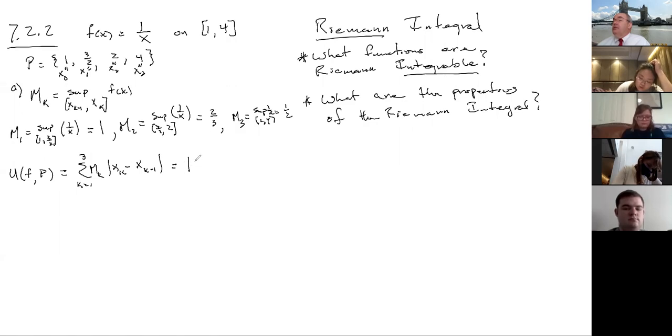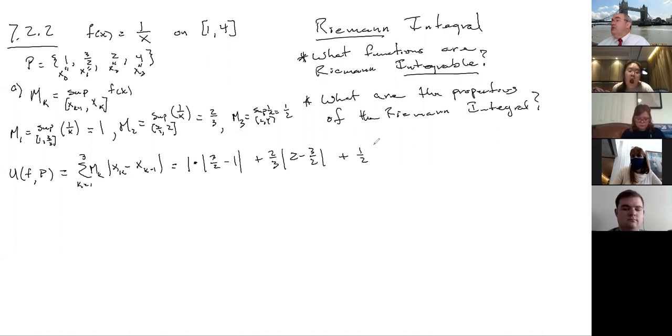So we have 1 times the absolute value of 3/2 minus 1, plus 2/3 times the absolute value of 2 minus 3/2, plus 1/2 times the absolute value of 4 minus 2. We add that all up, and that gives us our upper sum.